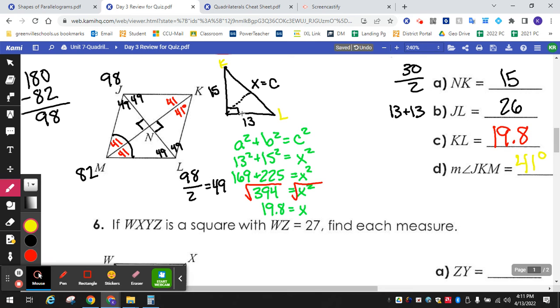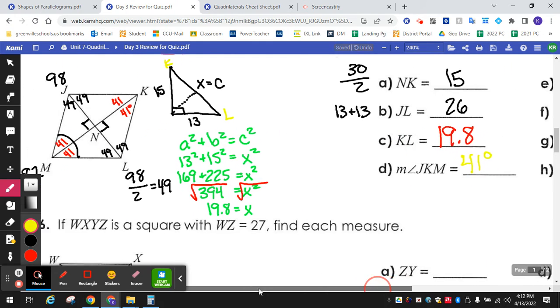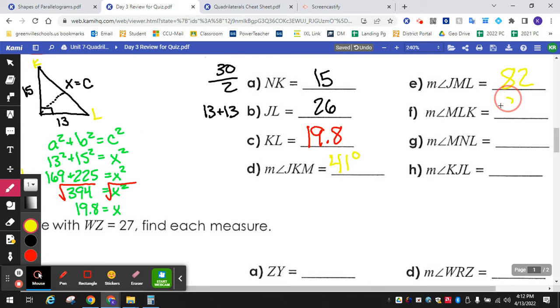From J to M to L. Connect them, the whole angle, 41 and 41, or 82. From M to L to K. Connect them, 49 and 49, or add them together, 98.